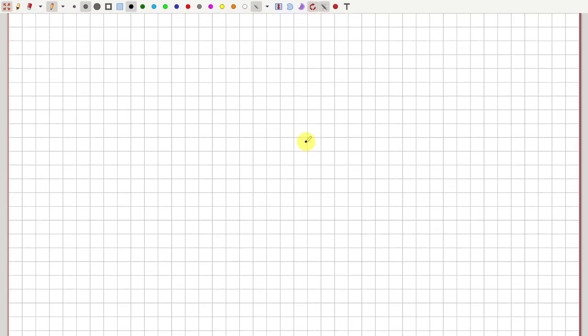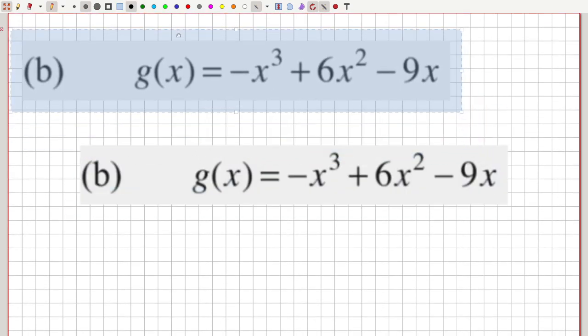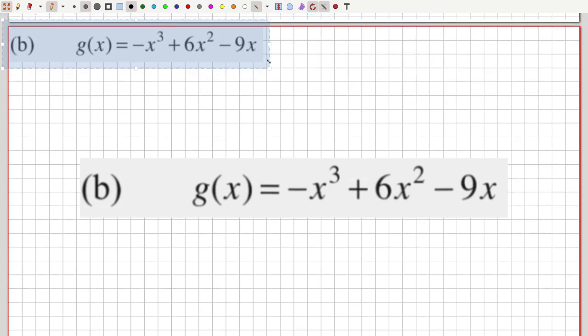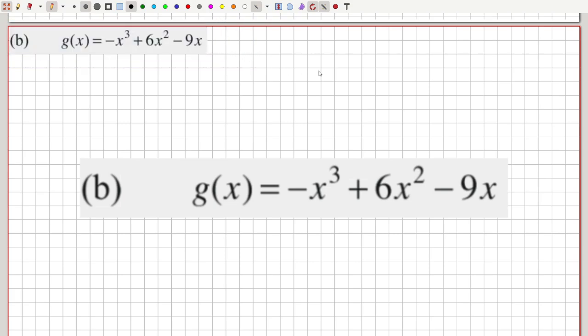we'll do the exact same thing we did with question A. We need G, our original function. We need G prime, the first derivative.